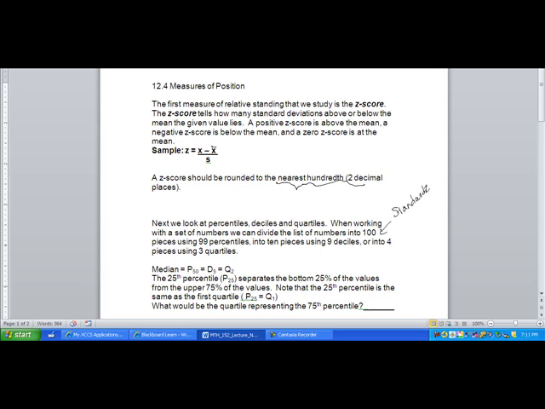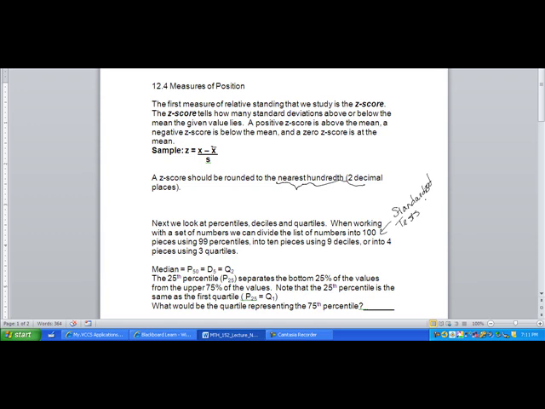What happens is you get a percentile score, and that compares you to the rest of the people at the same level taking the same test. So if you score, say, in the 85th percentile in math, that would indicate that you scored better than 85% of the people taking the test at the same level.